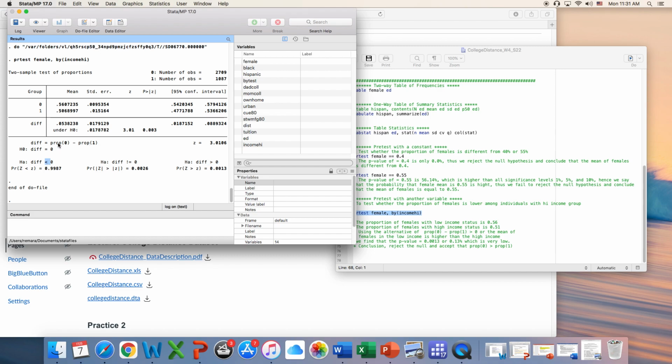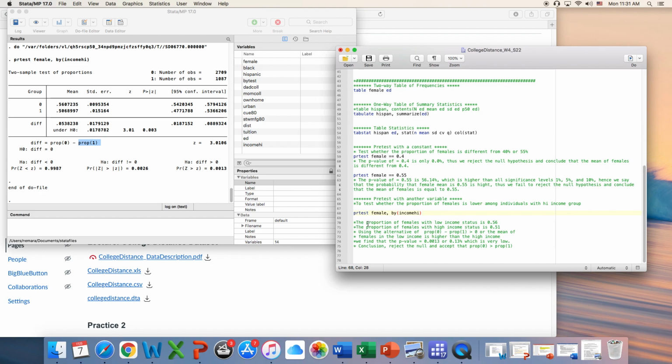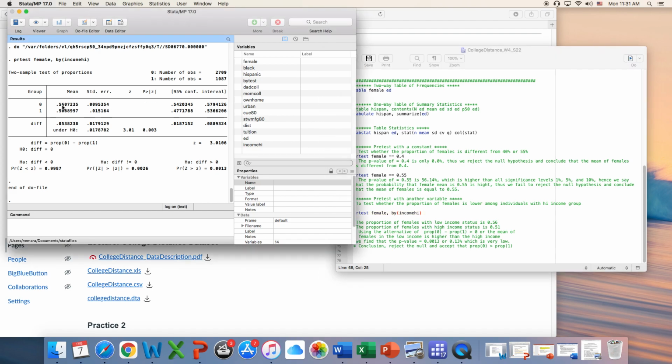Whether the proportion of those who come from the low income group is statistically significantly lower than the females who come from the high income group, right? So this is what I'm seeing here, and I'm summarizing it. The proportion of females with low income status is 0.56, right? The proportion of females with high income status is about 0.51.